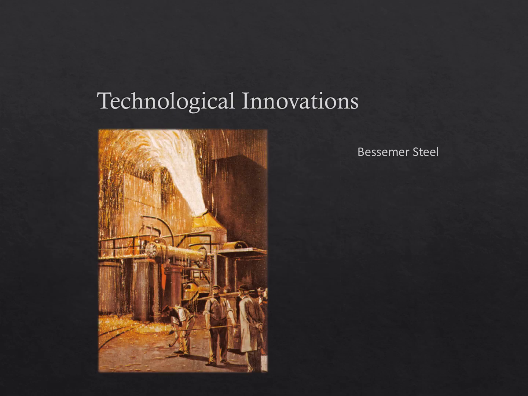So the Bessemer steel process was incredibly influential in this process. The Bessemer steel process essentially could make steel at a much reduced cost than previous methods. And so it gave engineers and manufacturers the ability to produce great amounts of steel.